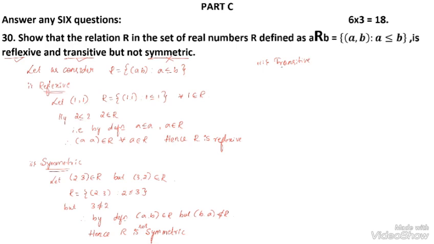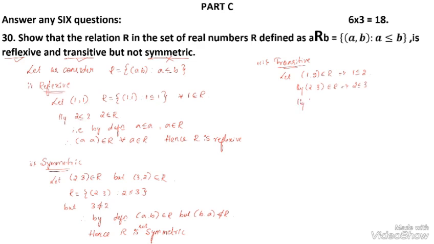Similarly, I can check the transitive condition. Let (1, 2) belong to R, then 1 is less than or equal to 2. Similarly, (2, 3) belongs to R. This also holds the property, 2 is less than or equal to 3.